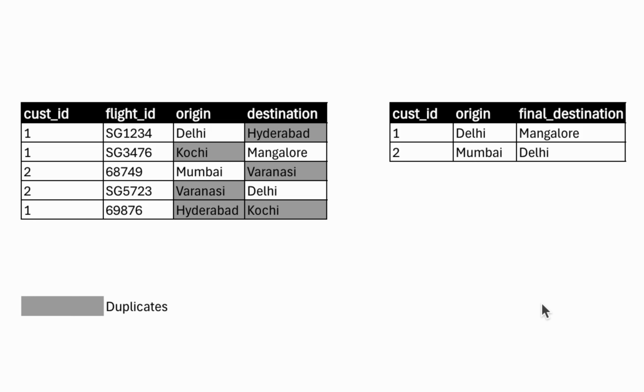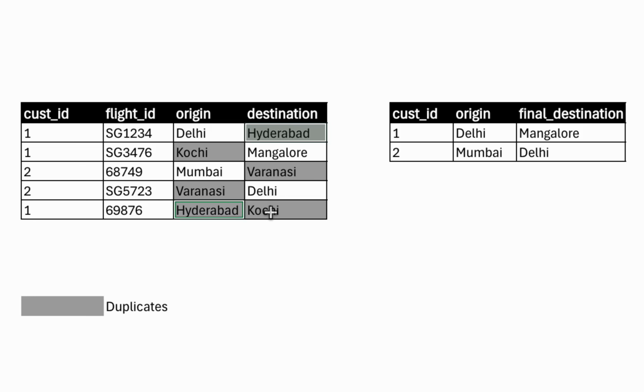Then if you look into the third row, he is going from Hyderabad to Kochi. That means this Hyderabad is the destination in the first row, whereas this Hyderabad is the origin in the last row. So that is why this Hyderabad is duplicate. So I have highlighted this Hyderabad in gray color.